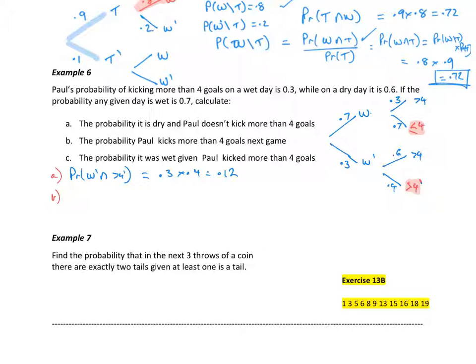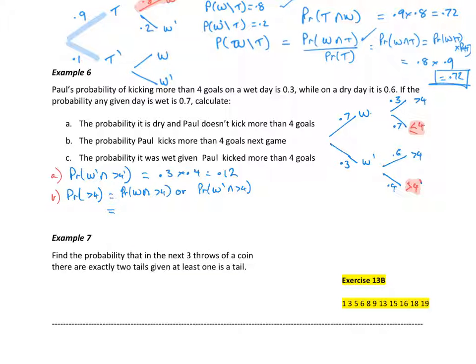Okay. B, probability kicks more than 4 goals next game. So the probability of more than 4, well, there's 2 ways I can kick more than 4. It can be wet and kick more than 4, or it can be not wet and kick more than 4.